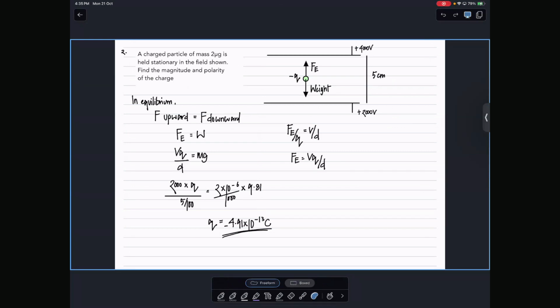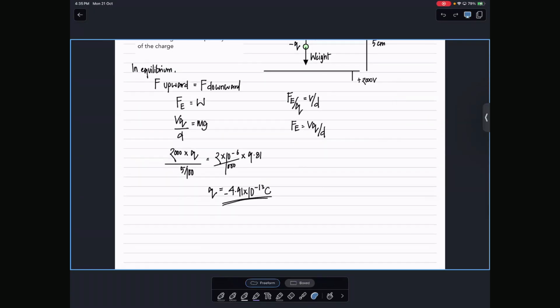Follow confusion. Why is the charge negative?